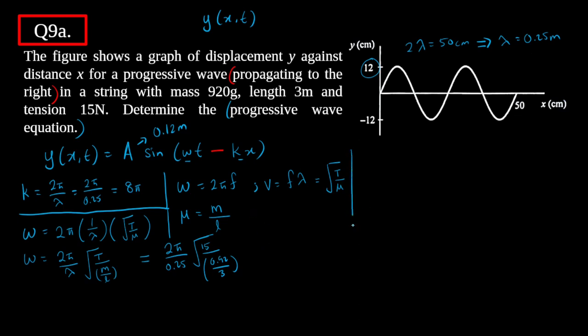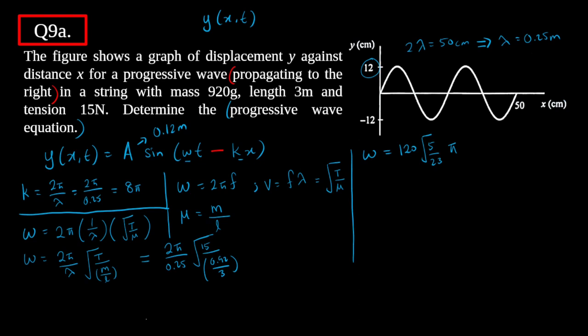And what I will find is omega equals, let me check, 120 multiplied by the square root of 5 over 23, times pi. In general, I like to keep pi as its own and fractions as they are until the end, because it preserves the decimal points.